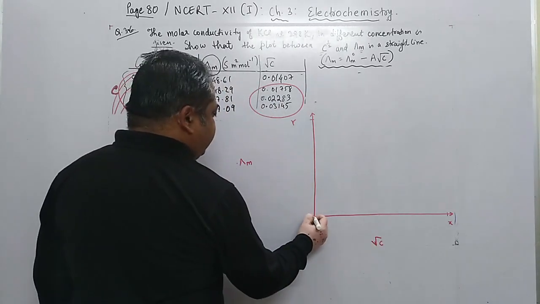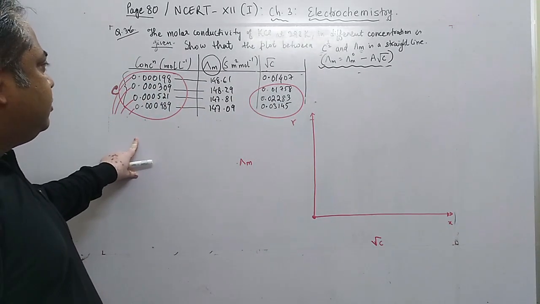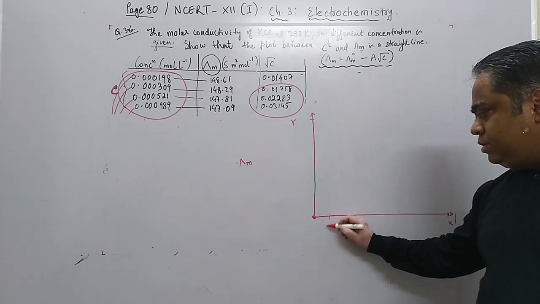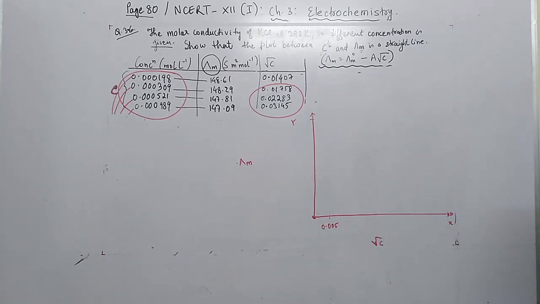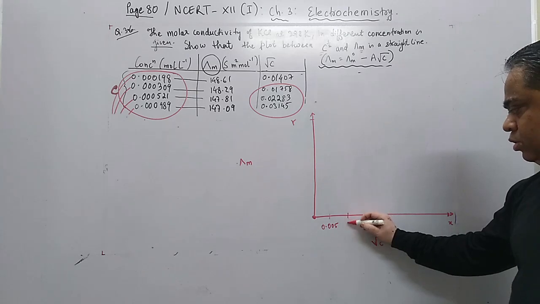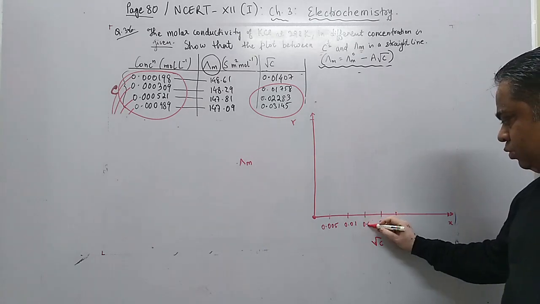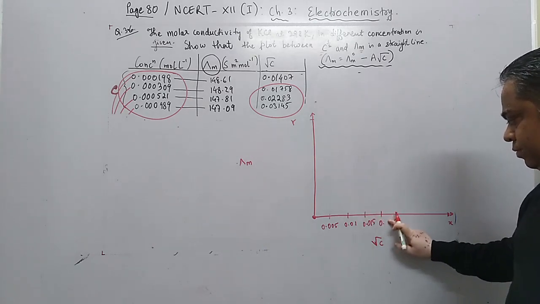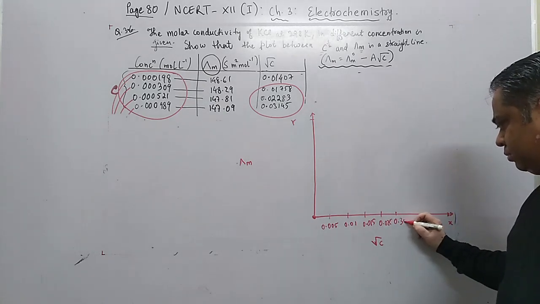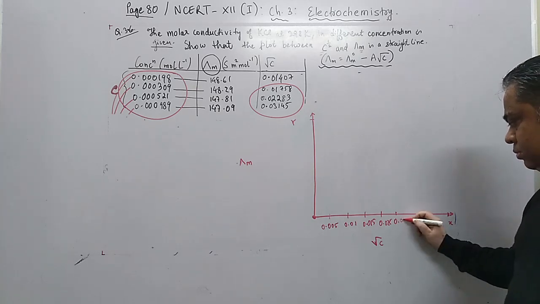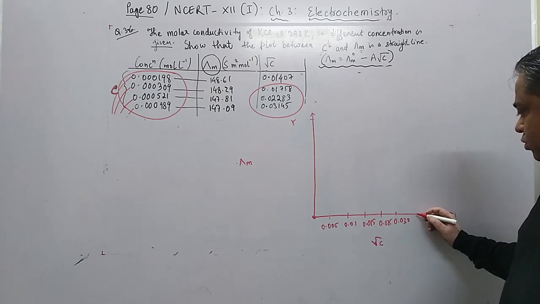Now we have to set a suitable scale. So what could be the suitable scale? Here, if I start from 0.005, then I will get 0.01, then 0.15, 0.25, 0.30, and 0.35.